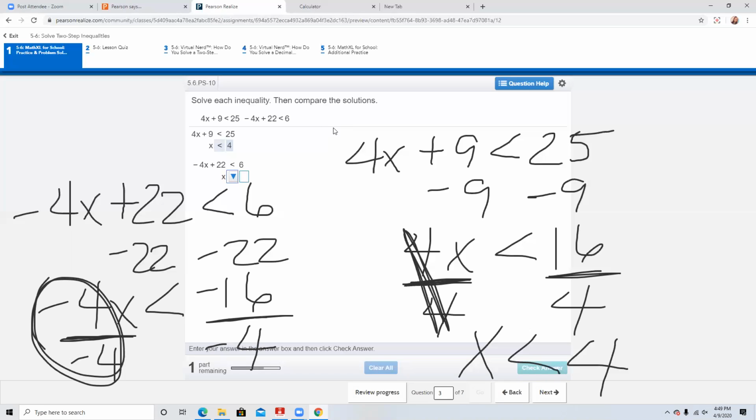I'm typing this so you can see it a little bit more clear. There you go. When you divide by a negative sign, you flip the sign.